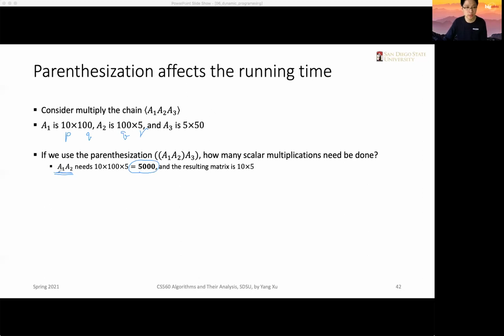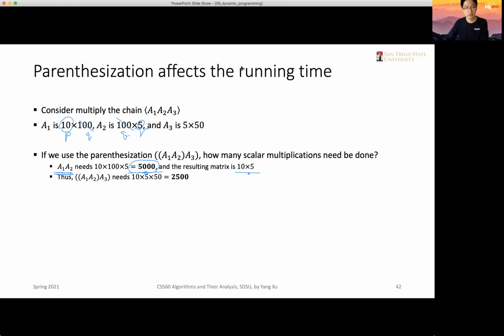To compute this step, it will cost us 5,000 scalar multiplications. And the resulting matrix is 10 by 5, right? We have 10 and 5 left, and 100 is eliminated. Okay, that's the first step.